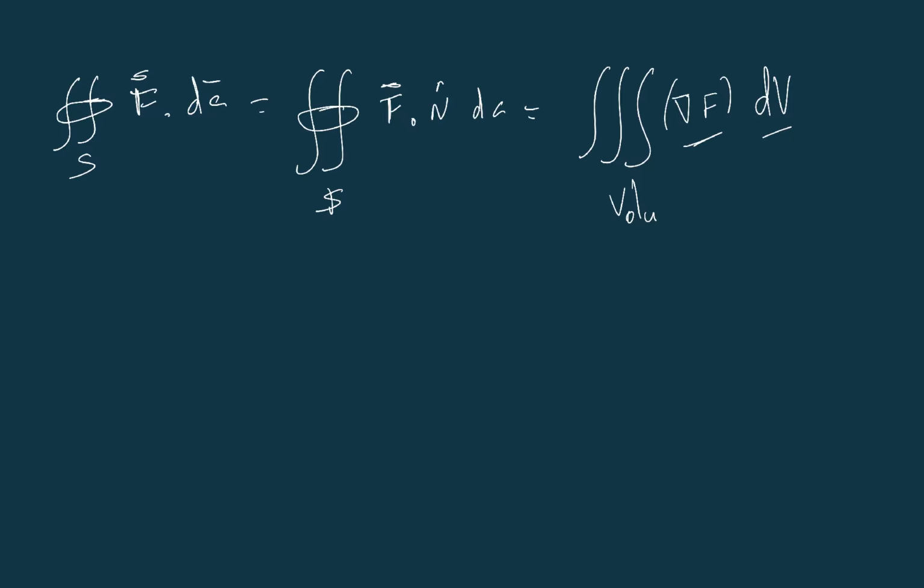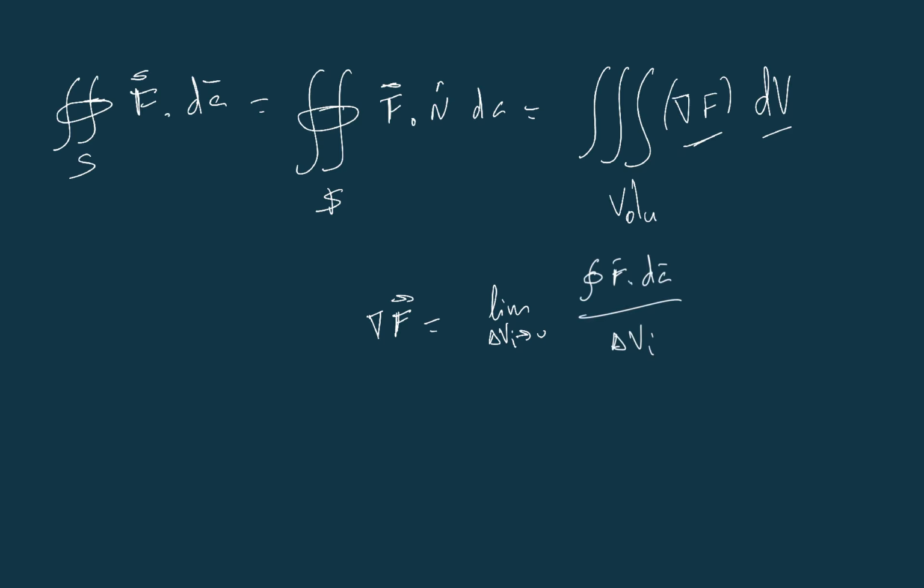And what I was saying before, when the video stopped, sorry, my camera, is that the divergence of a field is defined at a point as the limit when the volume goes to zero of the relation between the flux and the volume, the flux per unit of volume.